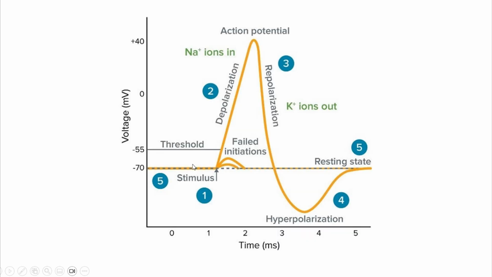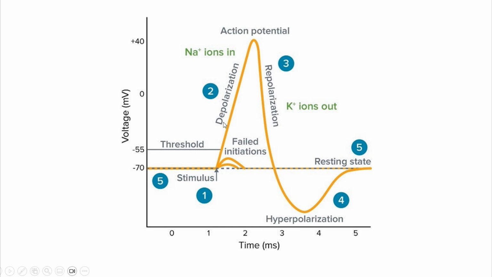Alright. So as you see here, a stimulus was caused. It's at -70 normally, the resting potential. When that stimulus happened, sodium ions moved in, a small amount of them. Now, when it reaches a certain threshold of -55, so it's going to become less negative inside until it reaches -55, then a lot of sodium channels are going to open, and sodium is going to move inside.